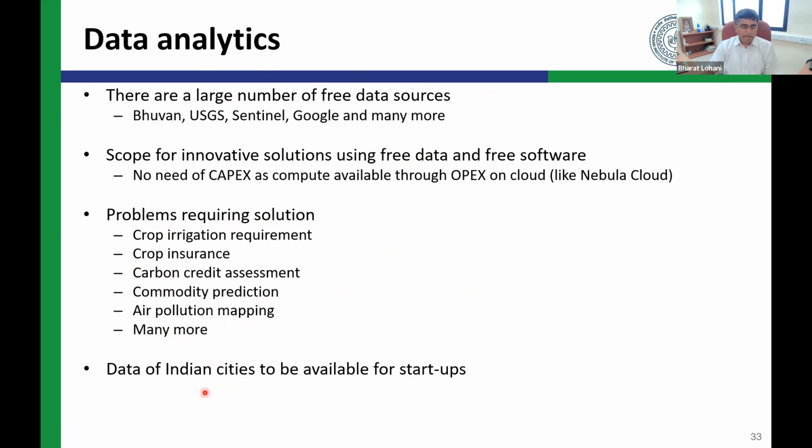Another thing which is happening, and in future a big scope for the startups. There are some big companies in India who are going to invest in capturing high resolution data of Indian cities. There are already a few cities that have been done.